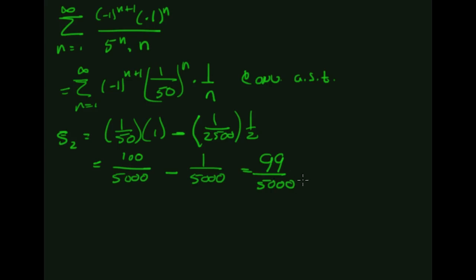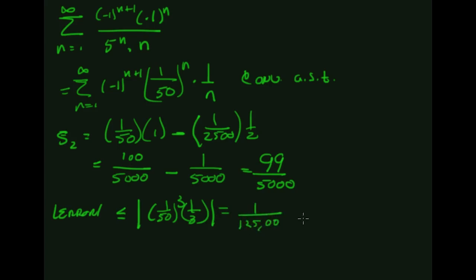Now, we want to show that that is within 1/300,000ths. So the error here has to be bound by the next term, which would be the third term, which is 1 over 50 to the third times 1/3, which, let's see, that's going to be 1 over 125,000 times 1/3, which is 1 over 375,000, which is clearly less than 1 over 300,000.